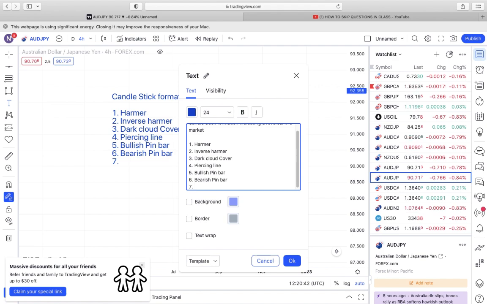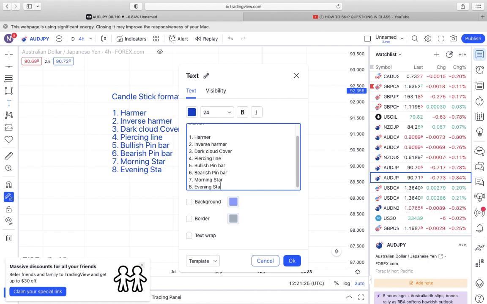And we have what we call a morning star. A morning star is always formed at the support, which signifies a reversal on the bullish momentum. Then we have another candle, the evening star. The evening star is always formed at the resistance, suggesting that the market is about to reverse to the downward or in a bearish momentum.